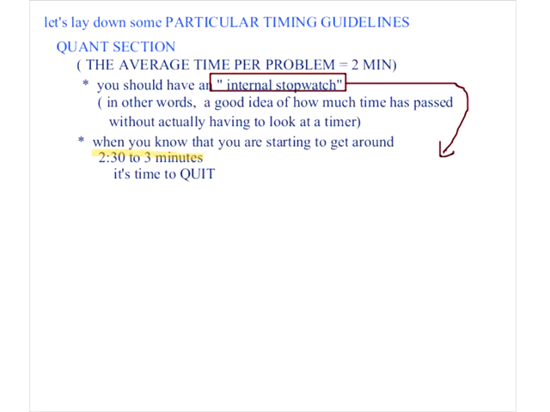The way to train your internal clock is you just train it while you're doing practice problems. So as you do practice problems, time each problem, keep the timer hidden from view as you work.